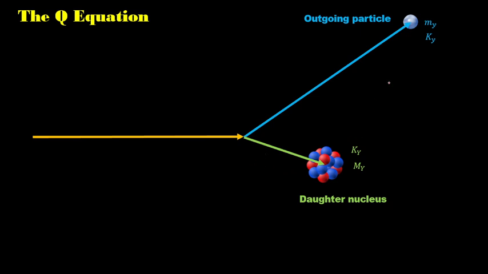We see that the daughter nucleus and outgoing particle need not travel along the same direction as the previous direction, but they may fly off in different directions. The daughter nucleus travels in this direction, and the outgoing particle travels in this direction. So they make a certain angle with the direction of the projectile particle. This is the direction of the projectile particle and these are the directions of the product particles.